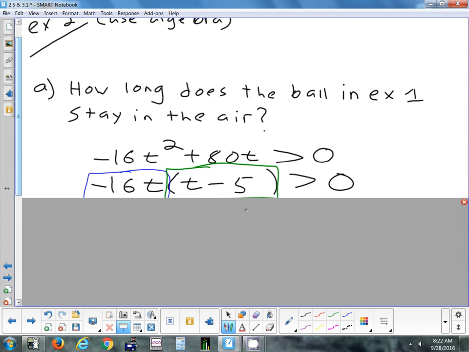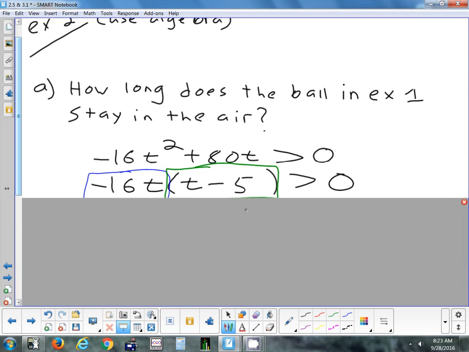Well, basically, but we don't even have to do that much. Because something here is not really going to ever help us be greater than 0. Which factor there is never greater than 0? Nope, not the t minus 5. Why will negative 16t never be greater than 0?